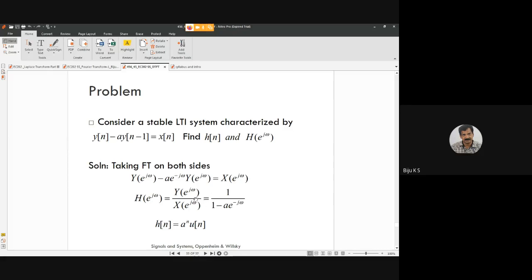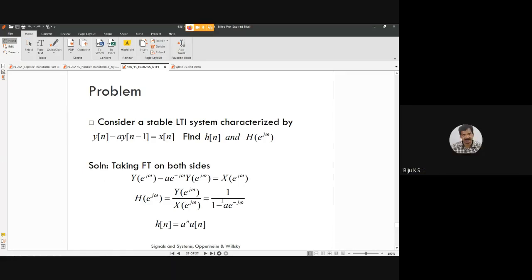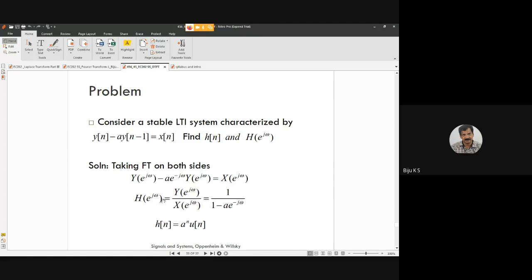Similarly, the angle of H of e raised to j omega is the phase plot. So we can take the angle of 1 by 1 minus a e raised to minus j omega. The phase response you can take as tan inverse of the imaginary part minus tan inverse of the real part. The magnitude response is the modulus of the numerator divided by the modulus of the denominator, that is the modulus of H of e raised to j omega.